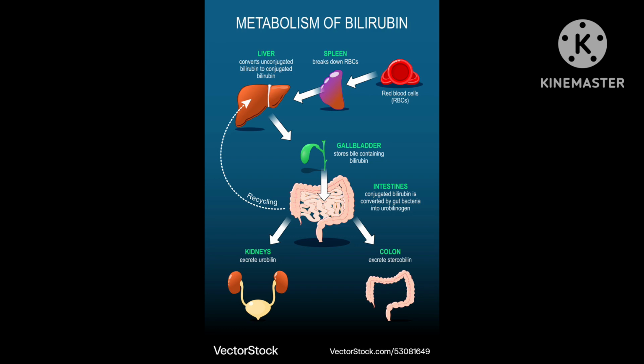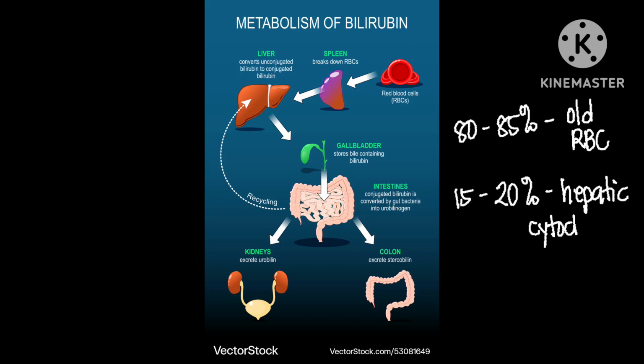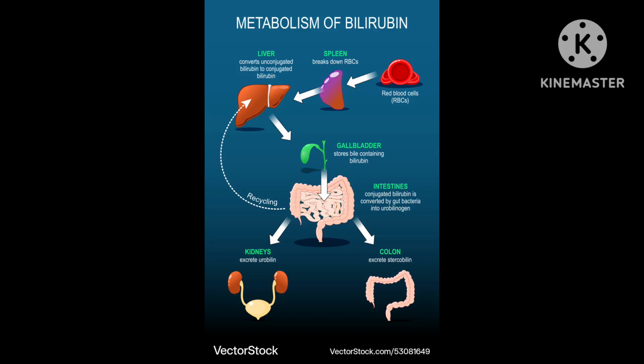The major source of bilirubin in our system, class, is from the turnover of senescent red blood cells, with approximately 80 to 85% coming from hemoglobin degradation, while the remainder comes from the breakdown of other heme-containing proteins such as cytochromes and myoglobin.